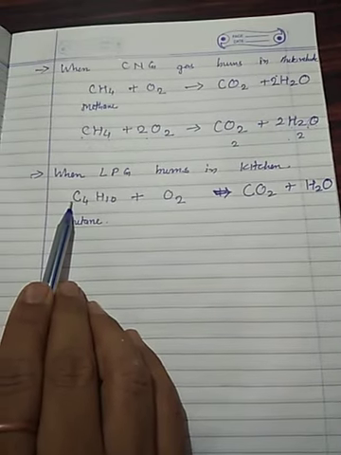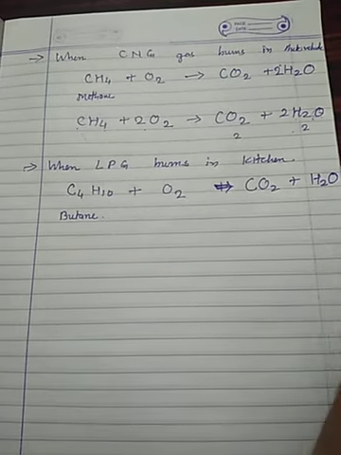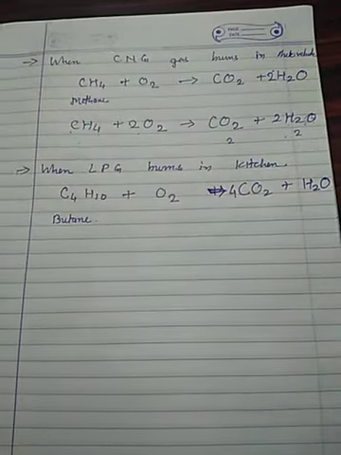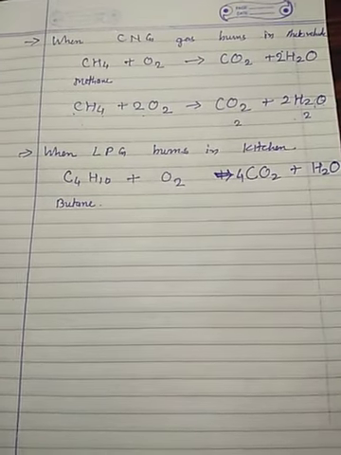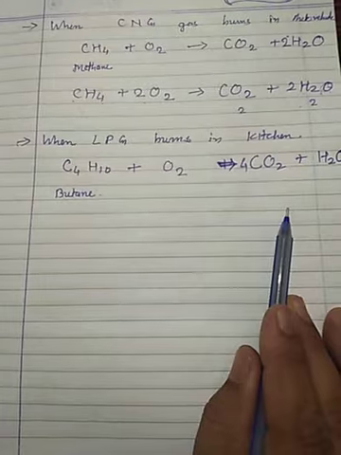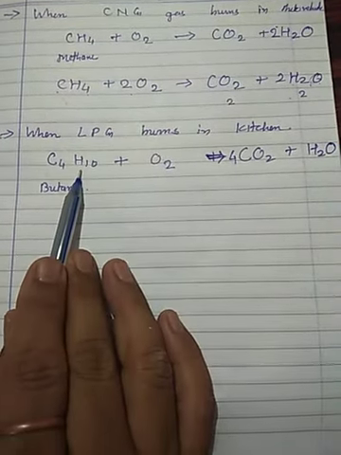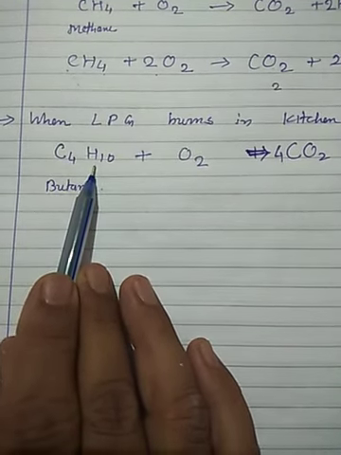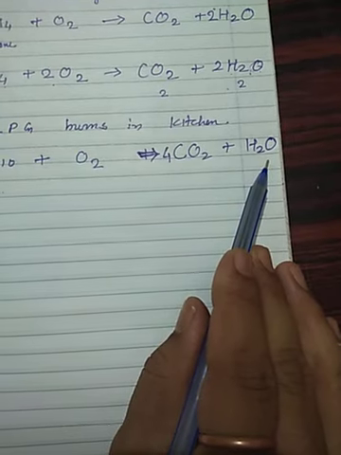Now the atomicity of butane is maximum. Here 4 carbon atoms are there. Here only 1. So we have to multiply the carbon dioxide by 4. So the balancing of carbon on the reactant side and the product side is equal. Now think about hydrogen, which is 10, while hydrogen here is only 2.